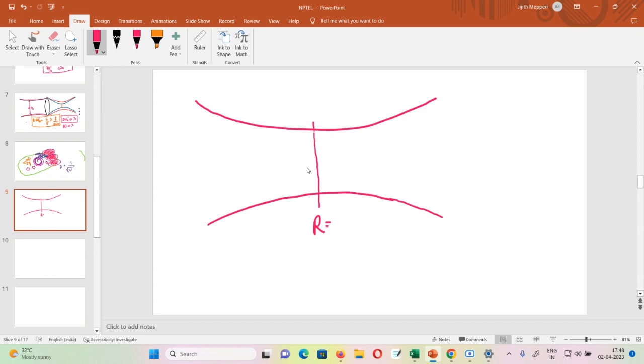I can put it like that: R of z is equal to z into 1 plus z naught by z, the whole square. Now, what is the radius of curvature at z is equal to 0? This is z is equal to 0, right?